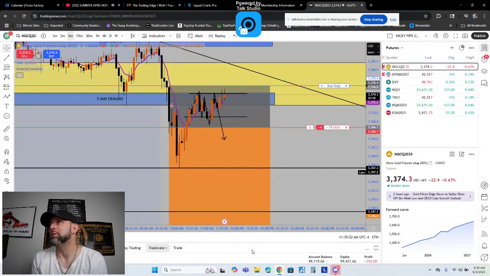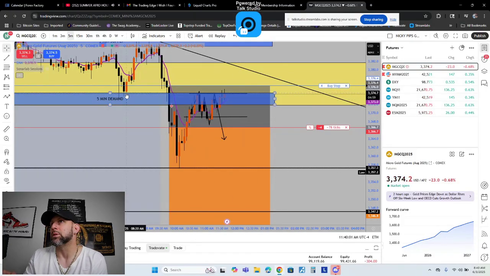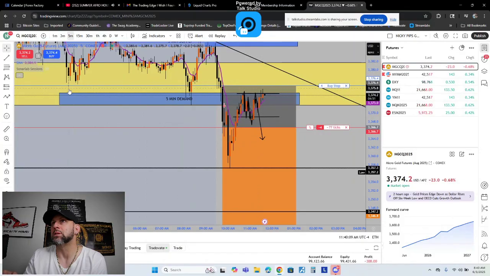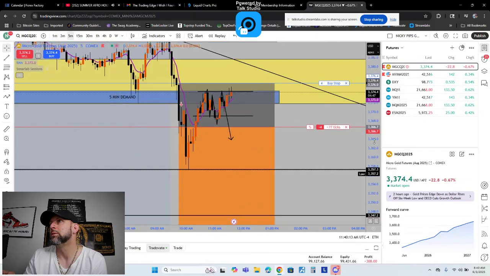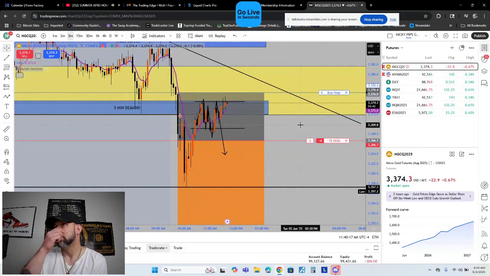See if we close bearish here. Because we literally broke above where the candle is. We literally broke above it. So we literally almost tapped into this previous level of support. If it closes bearish, like I said, that'll be insane.